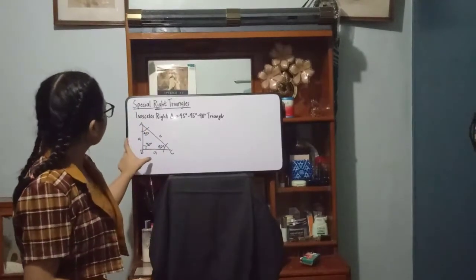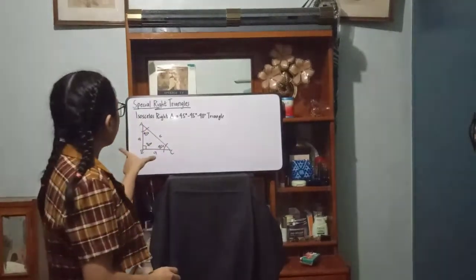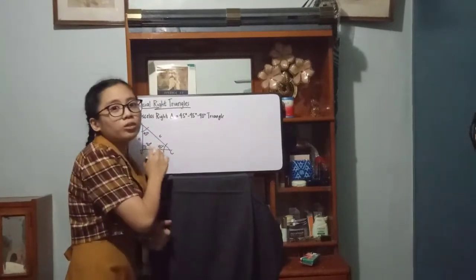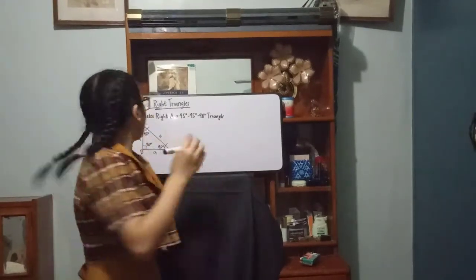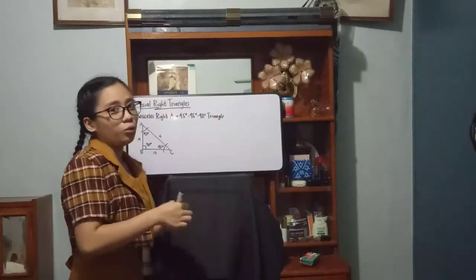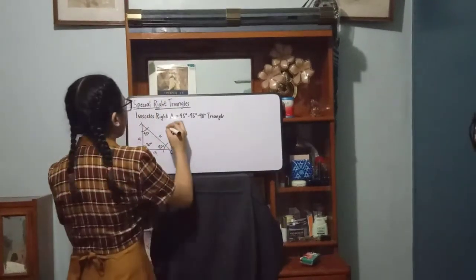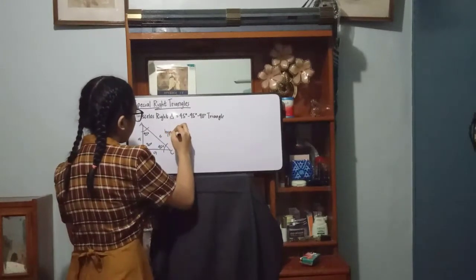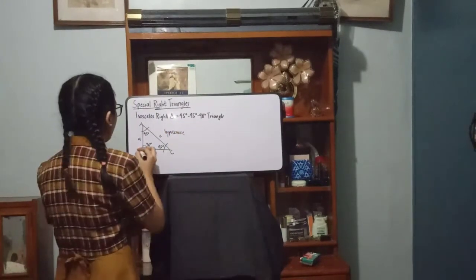These two sides are the legs, and this side is the hypotenuse, because the side that is opposite the right angle is always the hypotenuse. So remember that. This is the hypotenuse, and these two sides are the legs.